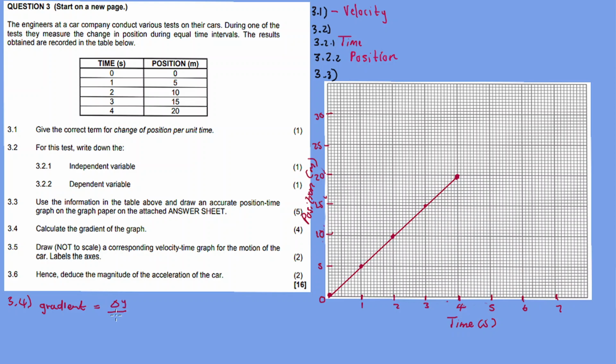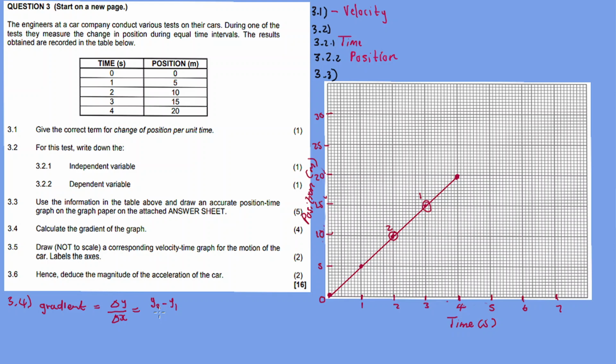Let's choose this point and this point; it doesn't matter, you should get the same answer. Let's call this point 1 and this one point 2. So the gradient is y2 minus y1 over x2 minus x1.